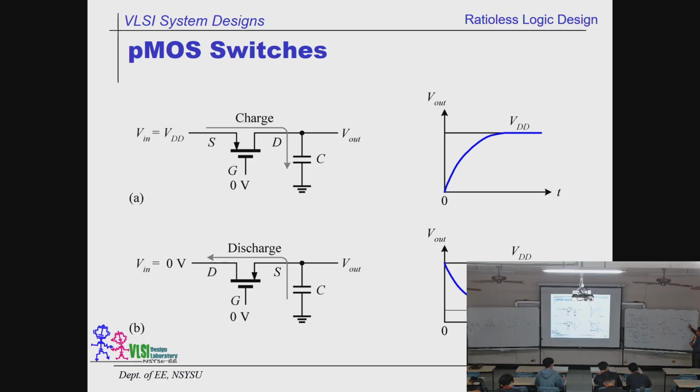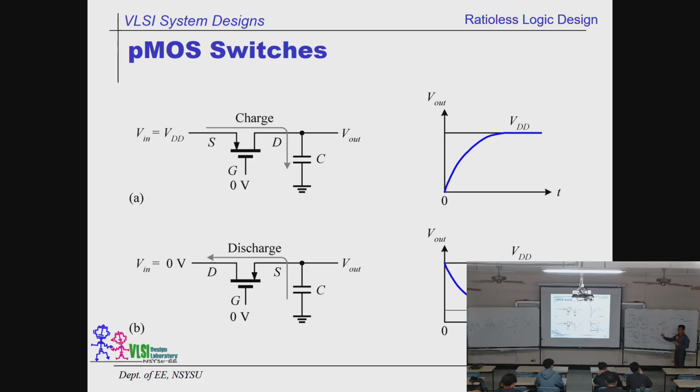Okay, the second important thing of the inverter design is that, remember we said if they are of equal size, which one has a bigger current? This one, right? Because it has a bigger mobility. This one has a smaller. So in order to balance the current, we have to increase the size of the P device, the width.